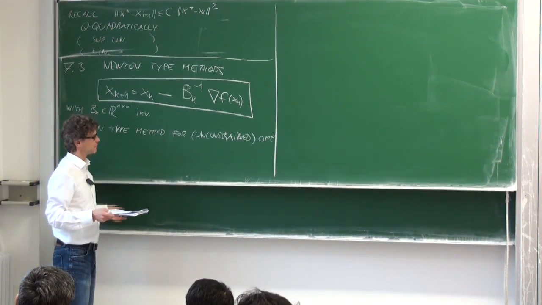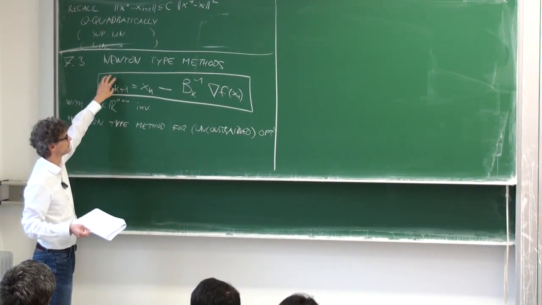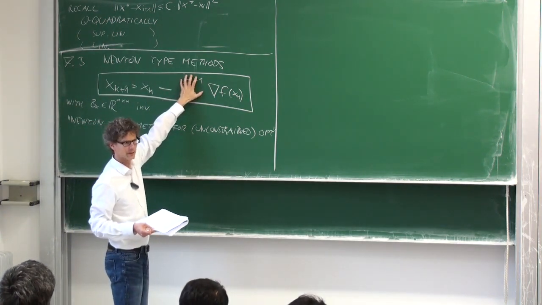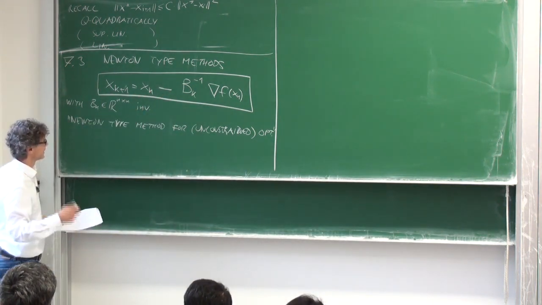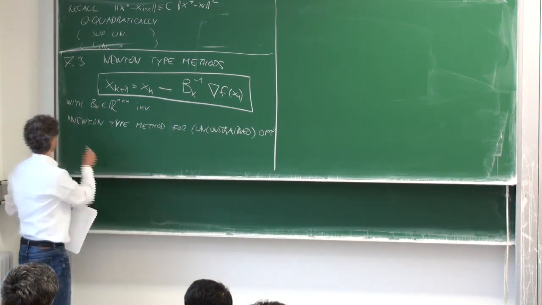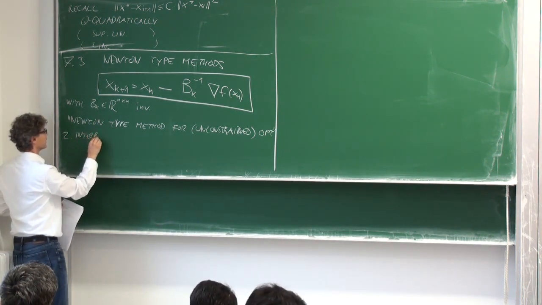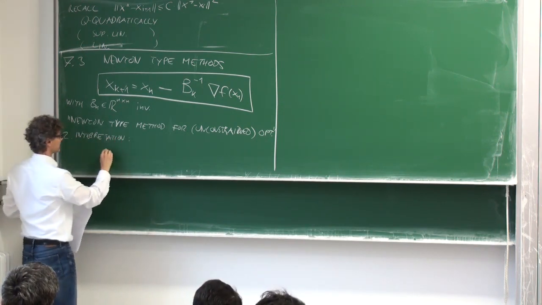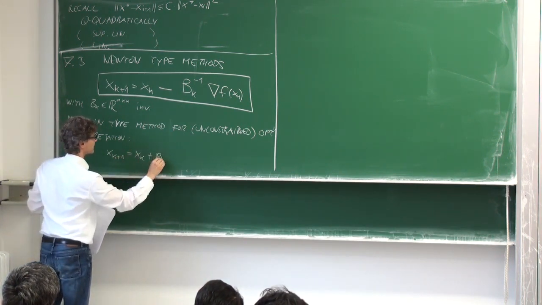But what I want to say already is that we can give a second interpretation. That was one way. You remember this could be the exact Hessian if we have the exact Newton's method. It could be something else in the case of this Gauss-Newton method. But we had also the model interpretation. We could also say in the second interpretation, x_{k+1} is equal to x_k plus some step p_k.